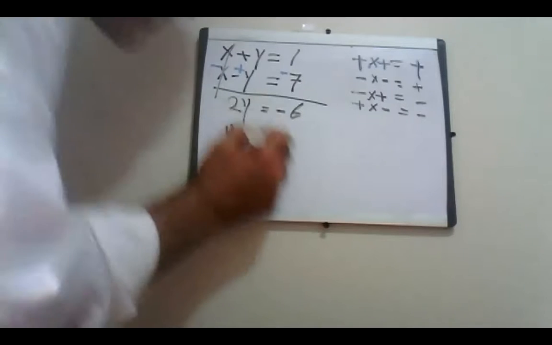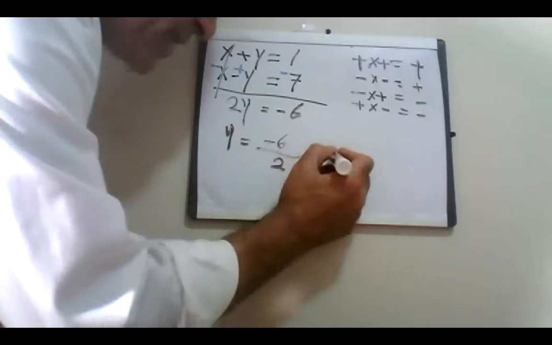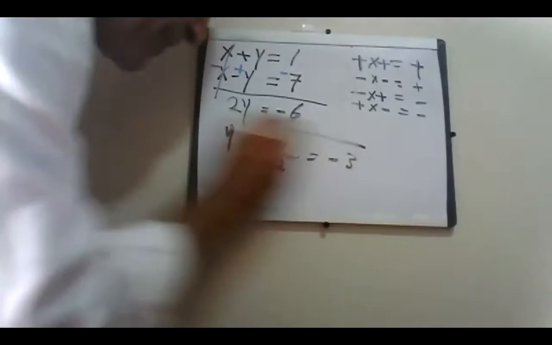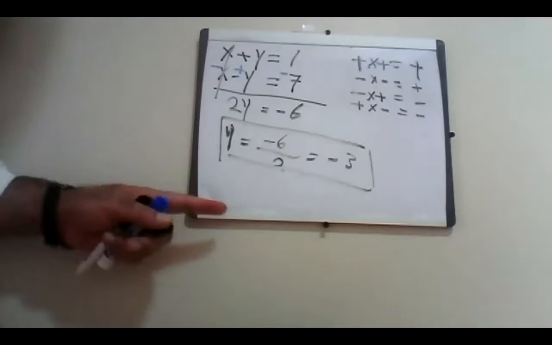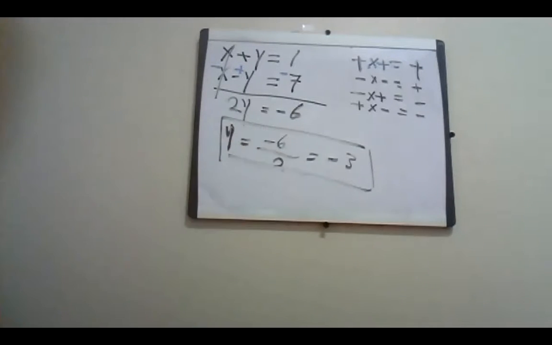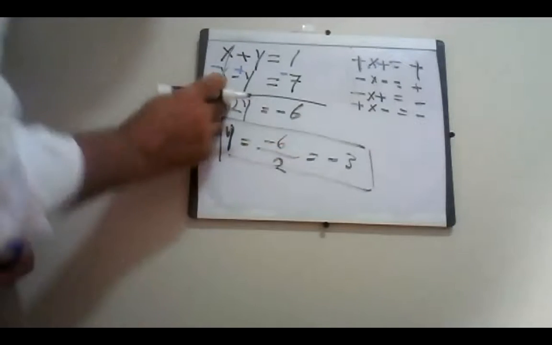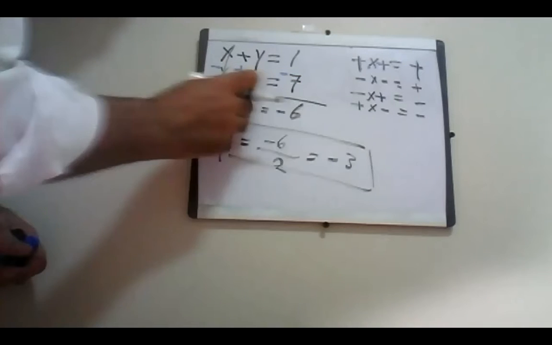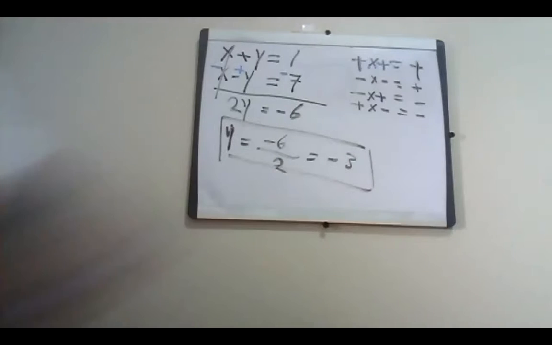So the far is minus 6, by the near is 2, which equals minus 3. So now I got y equal to minus 3. Minus 6 divided by 2, the far by the near, will give me minus 3.